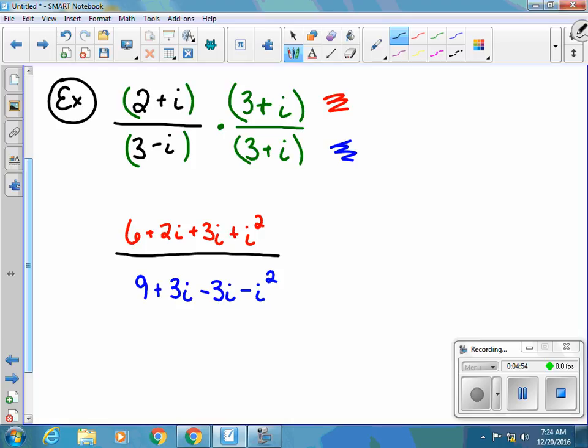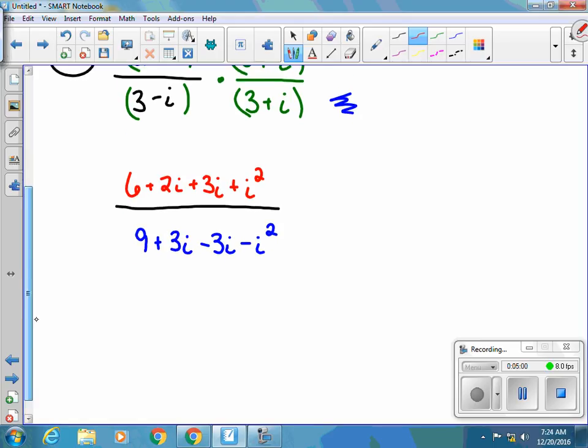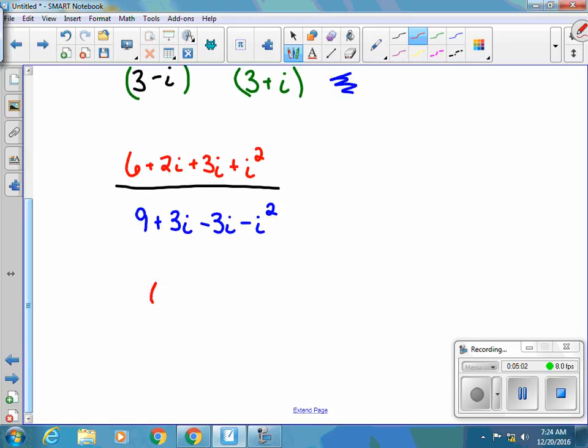So now I can go ahead and combine my like terms for the numerator and the denominator. In the numerator, I've got 6 plus 5i plus negative 1 there, because remember, i squared goes to negative 1. In the denominator, I've got 9 minus negative 1.